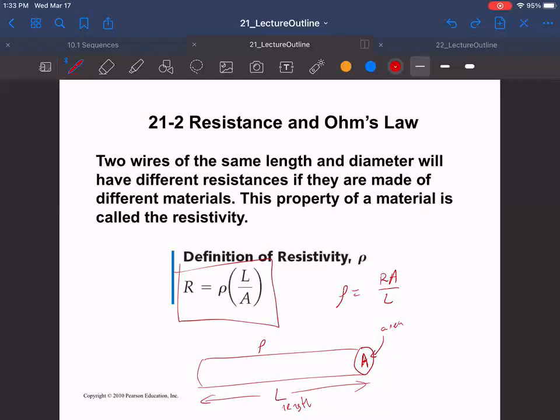So if the wire was like frayed, would the area be less? If it's frayed and it's not all connected anymore, then yes, just in that one spot. Well, it'd be like a bottleneck, right? I don't know how to describe it better than a bottleneck.